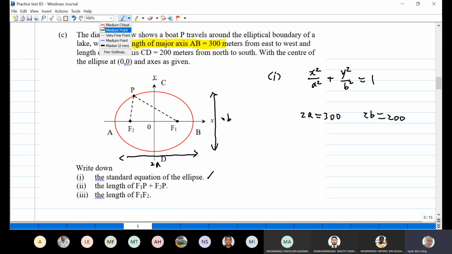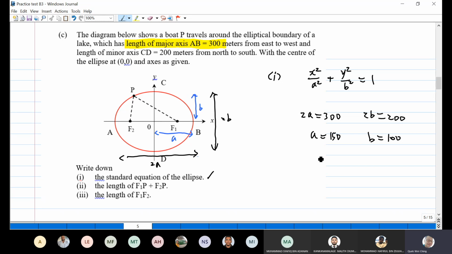It means that a is this length, and b is this length. So I know a is 150 now, b is equal to 100.